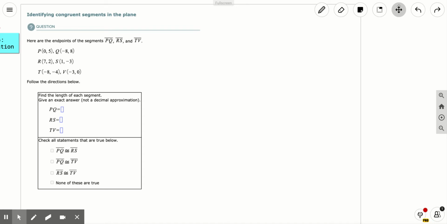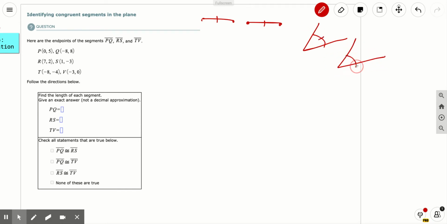The first one is identifying congruent segments in a plane. So remember, a segment, a line segment, is a piece of a line, okay? Congruent segments are the same size. By the way, I don't know if I told you guys this, but if you have congruent segments, this is how you show it in geometry. You put a little line across it. If you have congruent angles, you put a line.